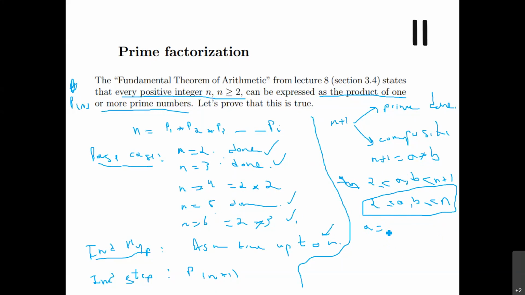So a can equal p_A1 times a bunch of primes, and b the same thing, all the way up to p_Bj. So all you have to do is substitute a and b in here, and it's done.